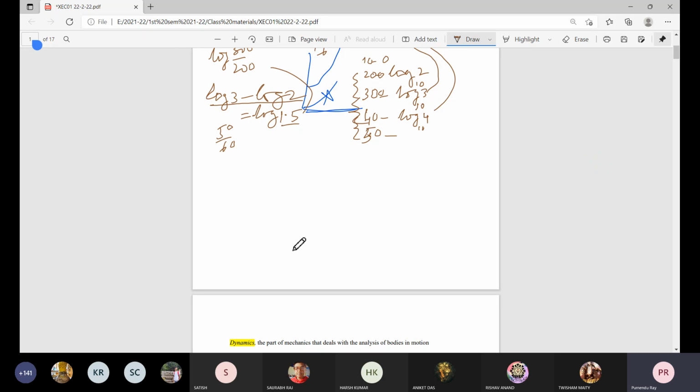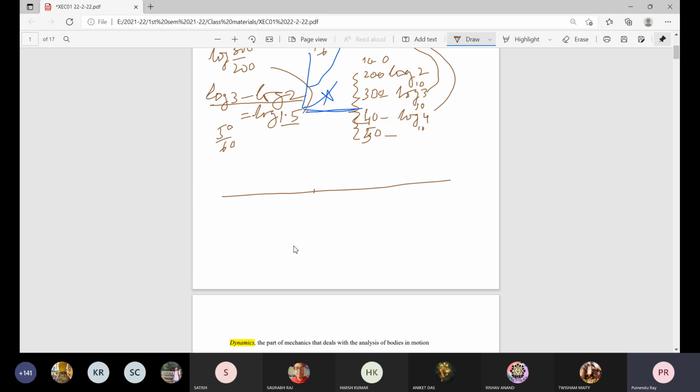Now, two types of log graph papers are there. One is log, that is both along the x-axis and along the y-axis are log values, or semi-log graph paper. Maybe along the x-axis it is log values and along the y-axis it is normal millimeter.